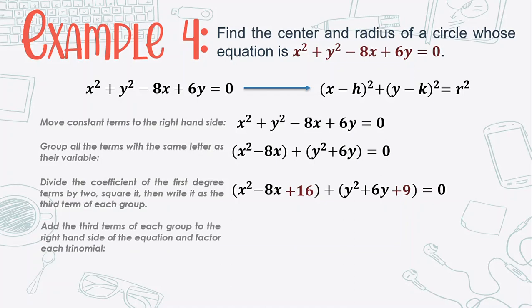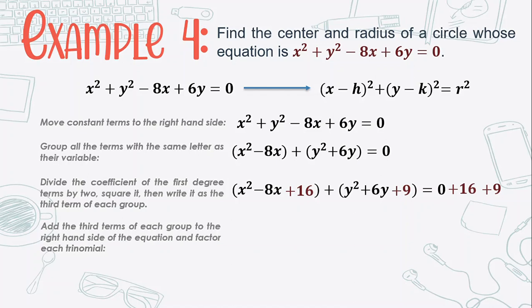Our next step is to add the third terms of each group to the right-hand side of the equation and factor each trinomial. Our first step is to add the third terms. That is plus 16 plus 9. Again, add them to the other side of the equation. Now, as you can see, we have two perfect square trinomials.